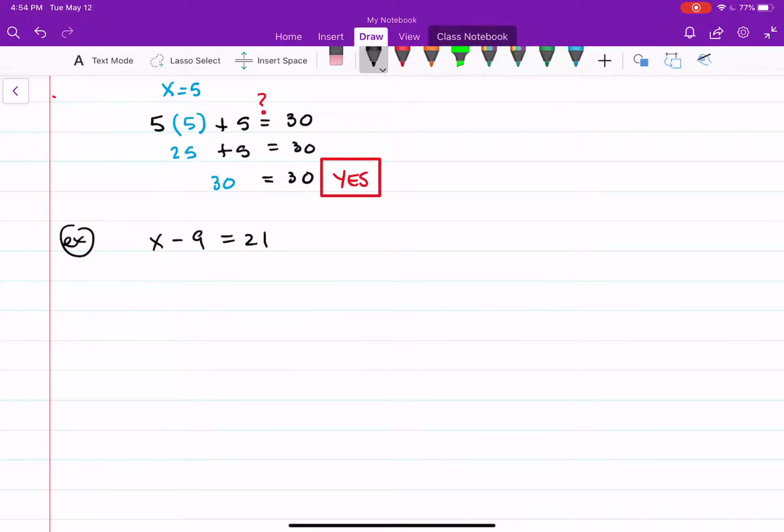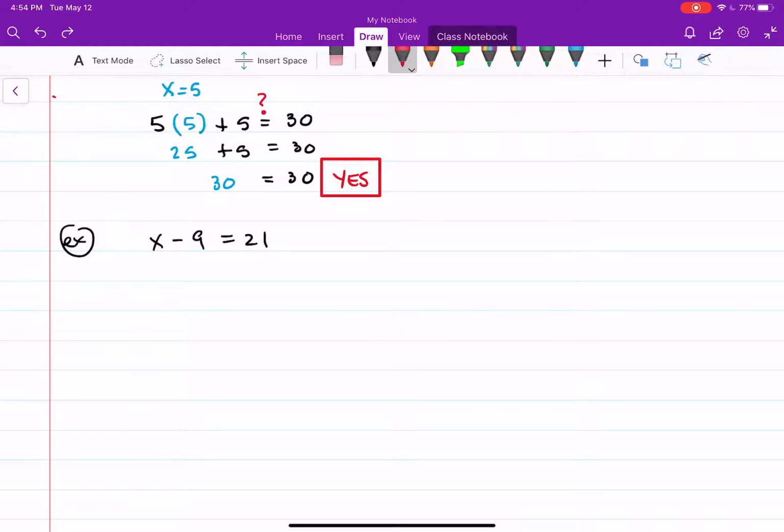My whole goal is to get x, not just x, but 1x by itself. Because we do know that there is a coefficient here of 1. It's always a 1 if there are no other numbers there, okay?